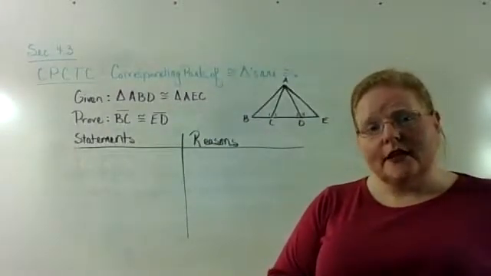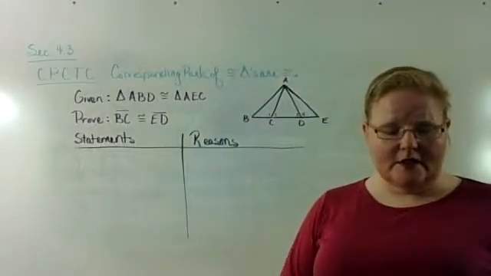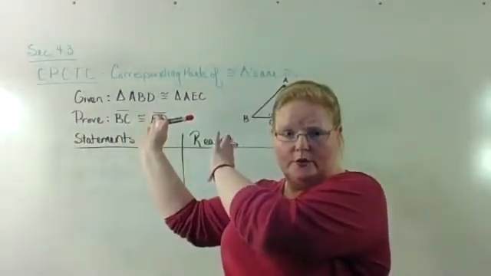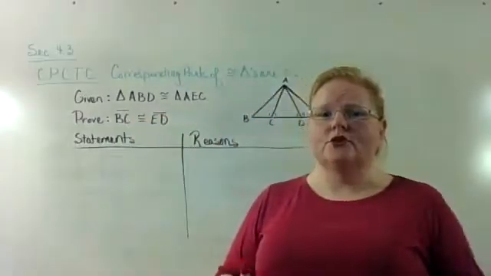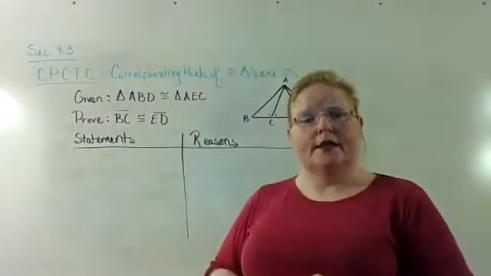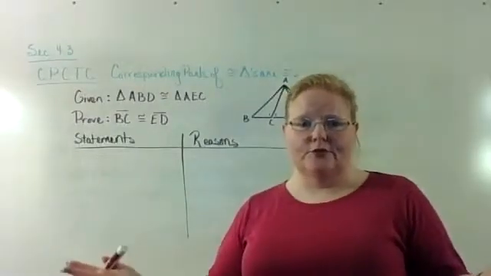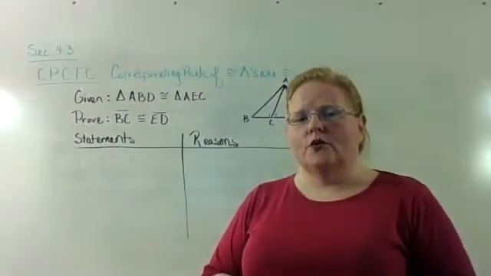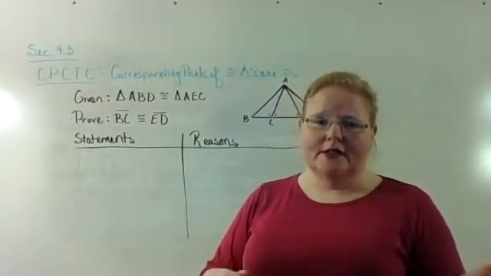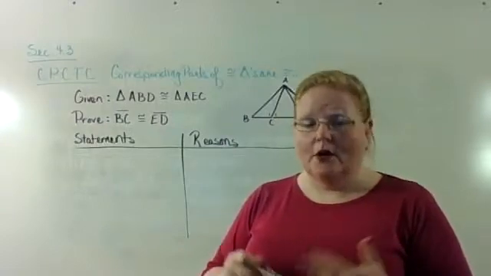So for the classwork section, all this section is about is now they're telling you that they are congruent triangles, and they want you to use the rules for congruent triangles to say that since my triangles are congruent, then these things must be true too. So you have to know what it is that makes triangles congruent, and obviously if the triangles are congruent, then those things would be true.